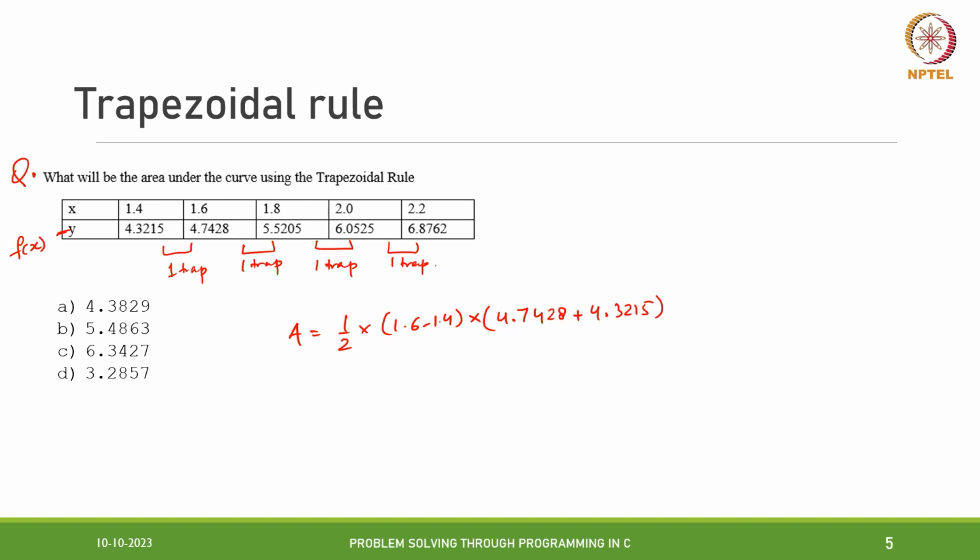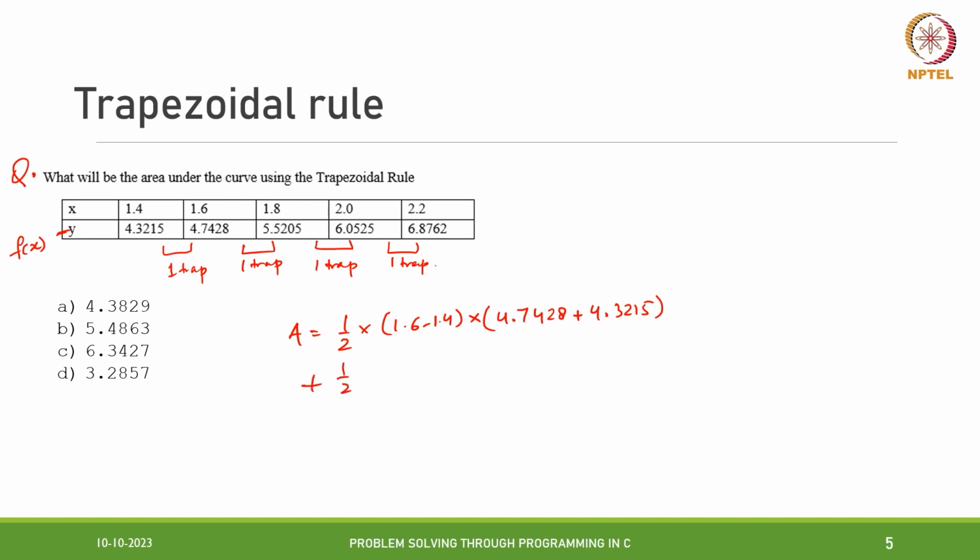So for the first trapezoid, the bounds are 1.4 and 1.6, a and b, and the corresponding f of x values are 4.3215 and 4.7428, right? So we write the area of the first trapezoid as half into 1.6 minus 1.4 into the sum of the values f of a and f of b.